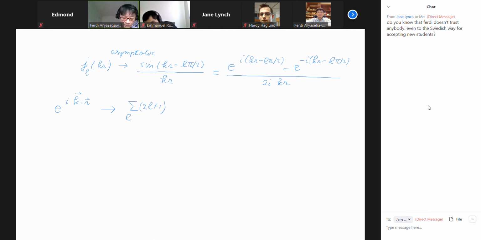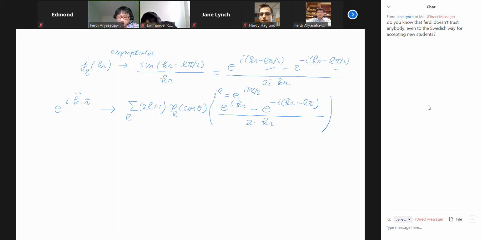Now make use of the fact that i to the L is equal to exponential i pi L upon 2. So that appears here, times e to the i kr minus e to the minus i kr minus L pi, divided by 2i kr.